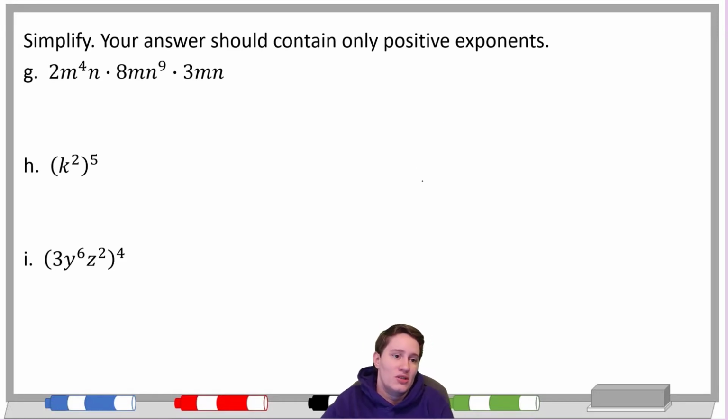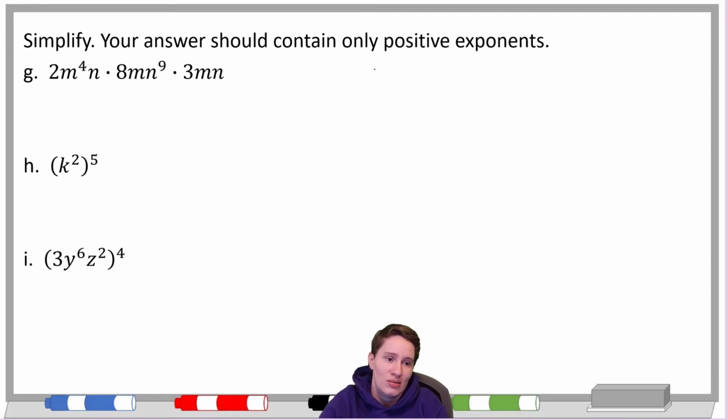Okay. So this is starting to look complicated. I mean, actually, just G, I think, looks more complicated. The other two look really similar to what we did on the last slide. So we've got regular numbers, 2, 8, and 3. We've got m's, and then we've got n's. So we treat those basically as 3 separate questions almost.